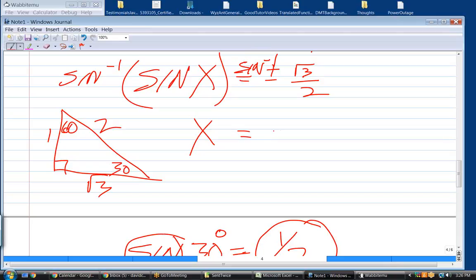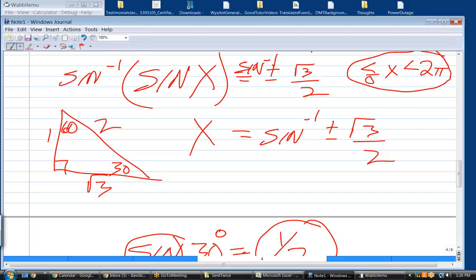So now I have x equals the inverse sine of plus or minus square root of 3 over 2. And for solving trig equations, it's also important that they tell you what domain you're operating in. Now, in this case, I was allowing x to be greater than or equal to 0 and less than 2 pi. That is the unit circle.